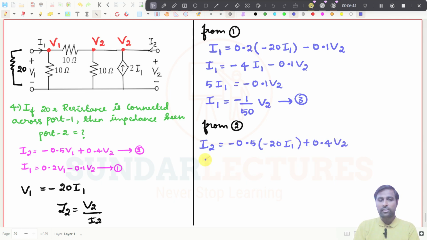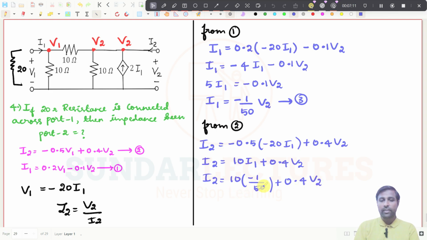If you further simplify this, I2 will be equal to minus 0.5 into minus 20, so I am getting 10 I1 plus 0.4 V2. And then you substitute this I1 here. So I2 will be equal to 10 into minus 1 by 50 V2, and then plus 0.4 V2.